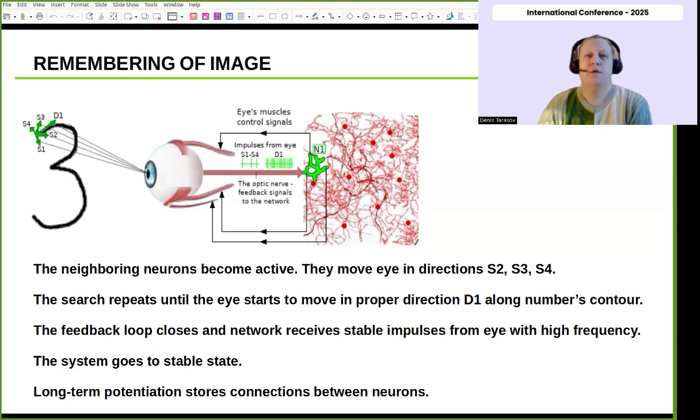They move the eye in directions S2, S3, S4. The search repeats until the eye starts to move in the proper direction S1 along the number's contour. The feedback loop closes and the network receives stable impulses from the eye with high frequency. So the system goes to a stable state and long-term potentiation stores the connection between neurons.